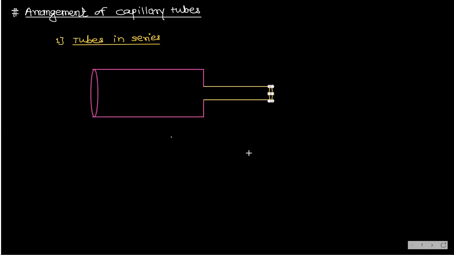Like this. Okay. So the first capillary tube is having, let us suppose, length L1 and radius of cross section R1. This capillary tube is having length L2 and radius of cross section R2. Okay.